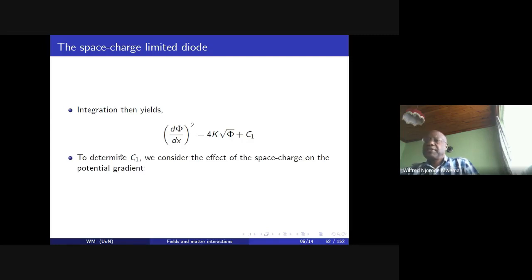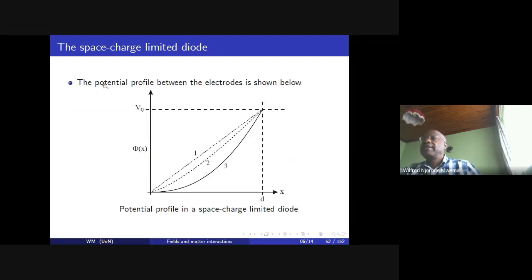So to get C1, we consider the effect of the space charge on the potential gradient. The potential profile between the electrodes is shown here, where we have a linear line, and a more curved line, which are curves 3 and 2. We want to see what these lines refer to.